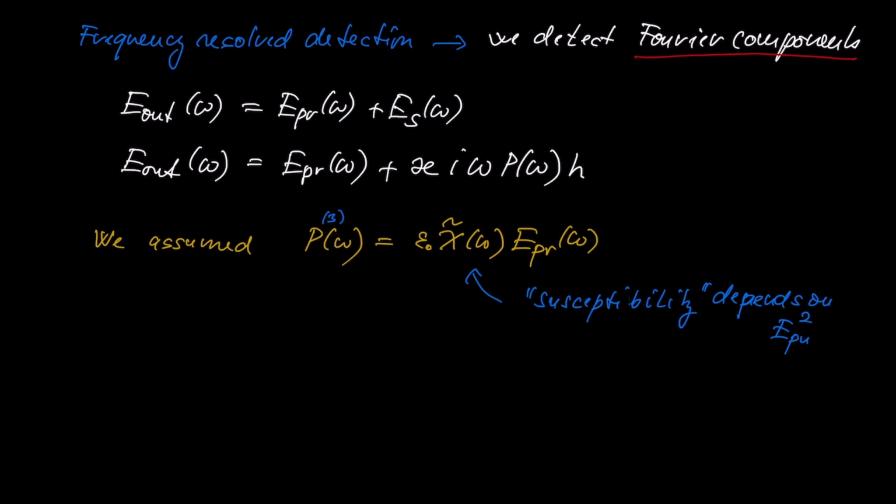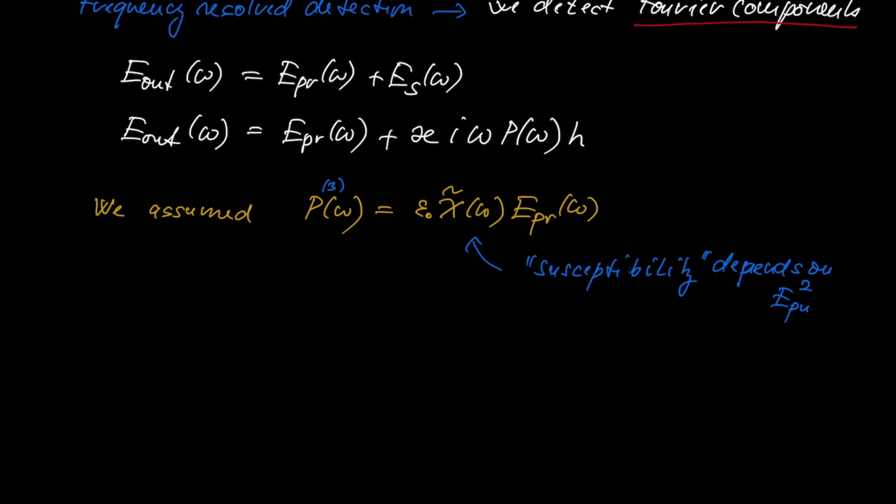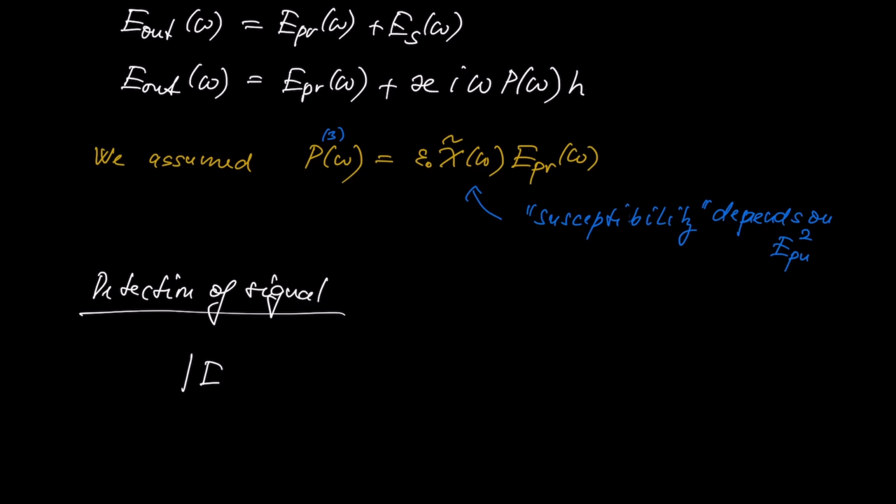Okay, so the detection in a pump probe experiment is done so that we detect the E out, frequency resolved. So we detect the signal at each frequency and we detect its intensity.